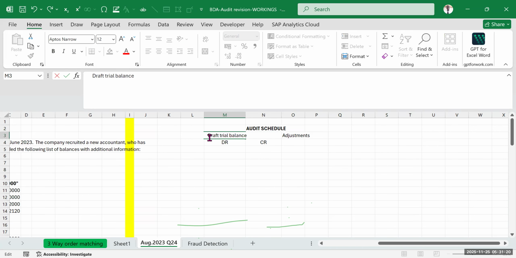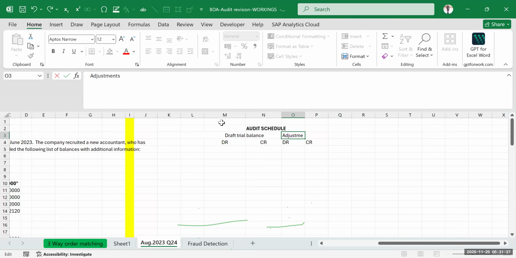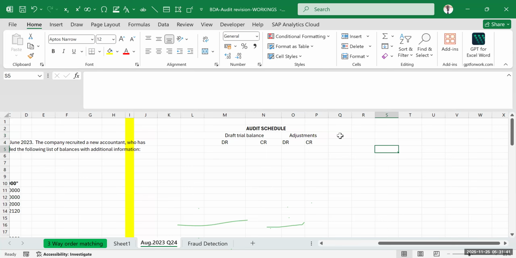Then I'm just pushing it in the middle so that the debit and the credit appear in a centralized place. Then we do the same for the adjustments, also the debits and the credits. It's a pretty simple thing, and it's really free marks. An audit schedule should be free marks for any student at this level.